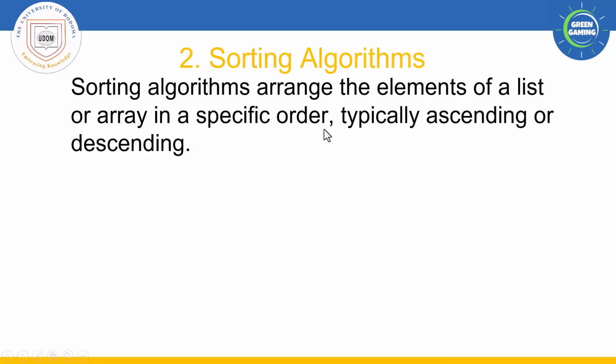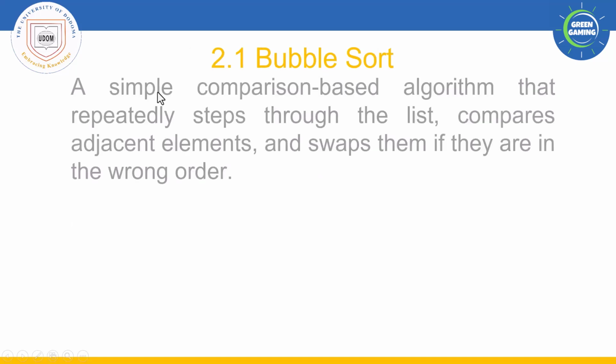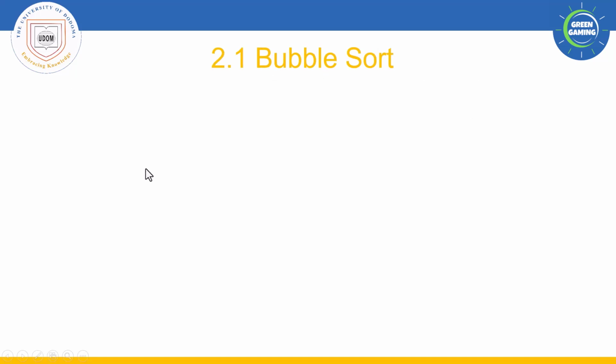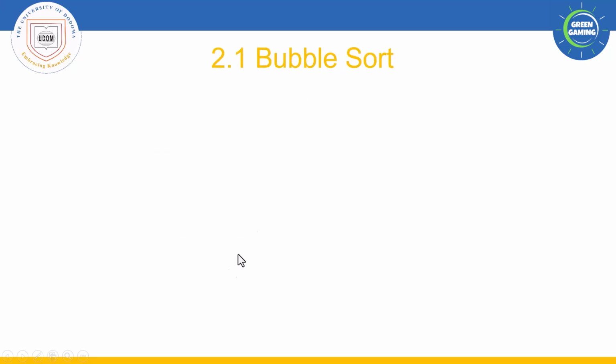Sorting algorithms arrange the elements of a list or array in a specific order, typically ascending or descending, right? There are common types of sorting algorithms, and the first one is bubble sort.